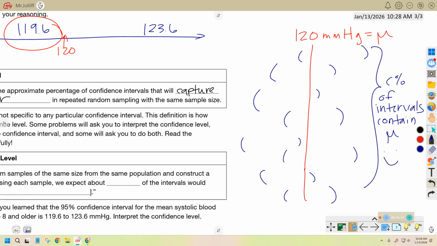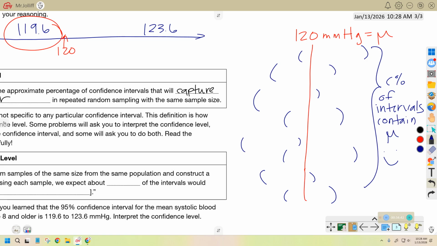That's what we're saying when we're saying we're 95% confident. It means that 95% of the samples that I can collect from a population are going to produce an interval that captures the actual value.